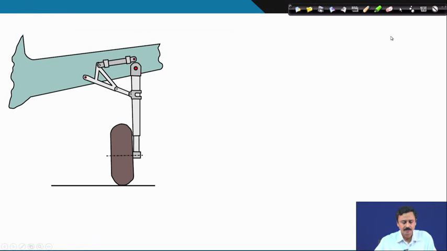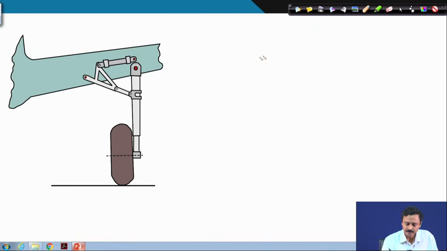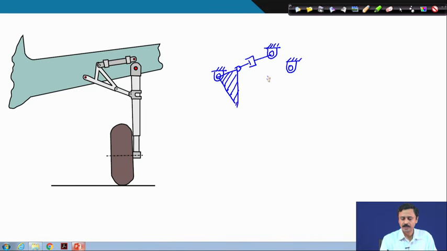This is the landing gear of the aircraft. There are 3 ground hinges. This is a ternary link connected to the actuator.